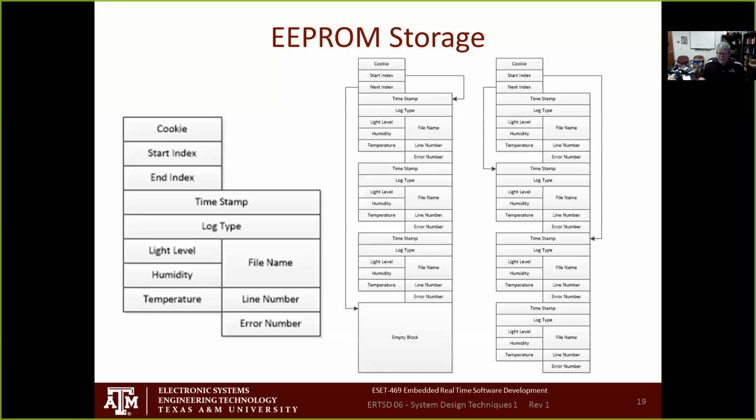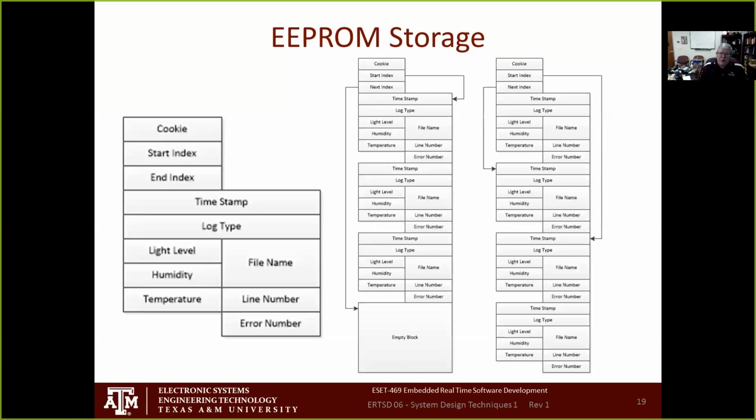Well, I don't really have any place to put that, so I'm going to have to come up with a new format for all of my entries in here, which means that once I add in that code that has the lightning format, if I put that on a device that already has EEPROM storage for something else, what my code is expecting in all those locations doesn't match what was initialized in there.